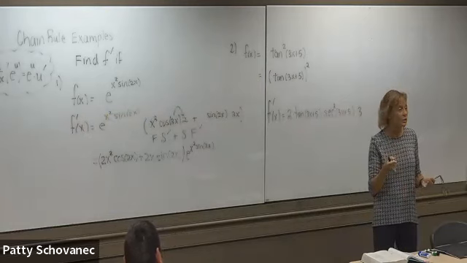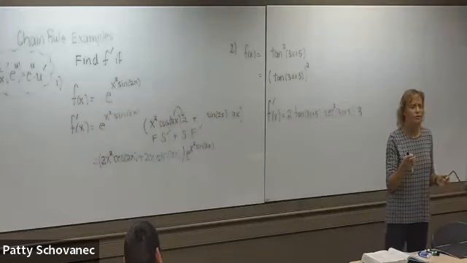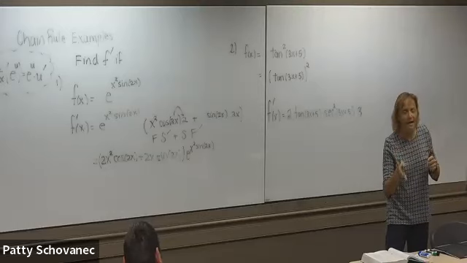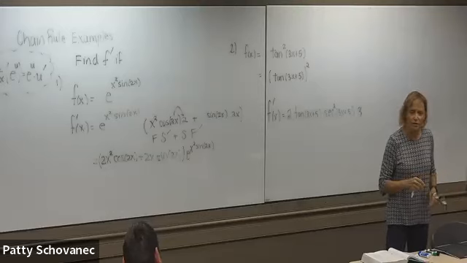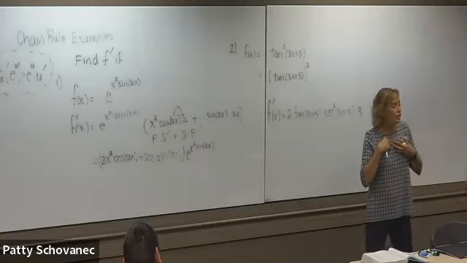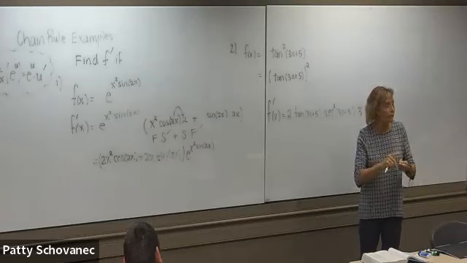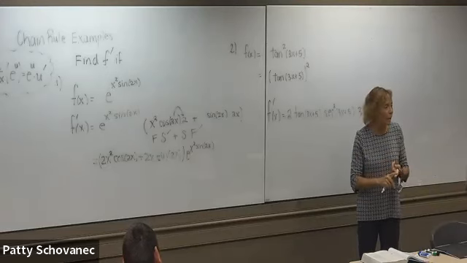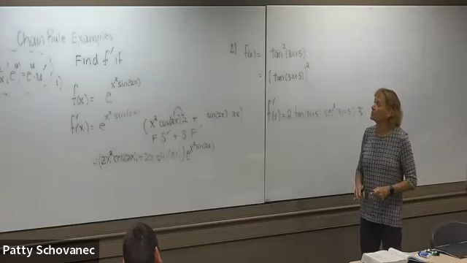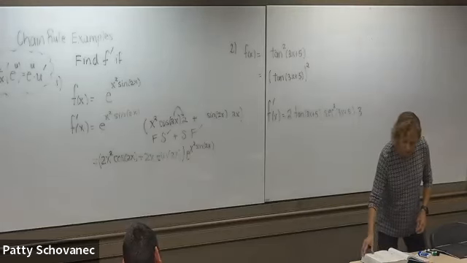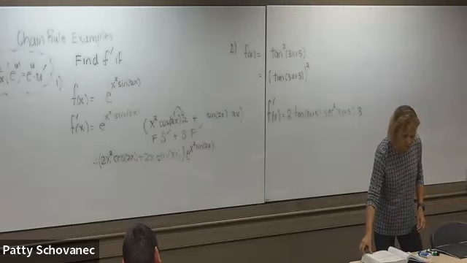The x's and y's are mixed up, and it's not algebraically possible in most cases to write y explicitly as a function of x. But we're still interested in finding a y prime term, the change in y with respect to x, or the derivative of y. So let's work this out, and we'll get section 3.6 started.